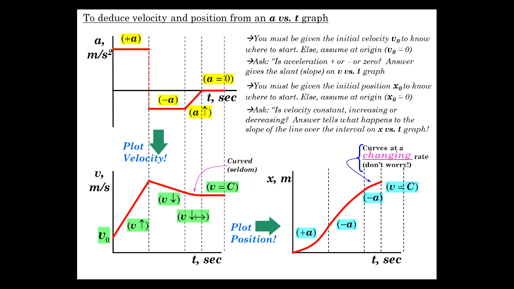It's got a positive slope. So at the last segment, velocity being constant, notice the slope of this is this constant value.